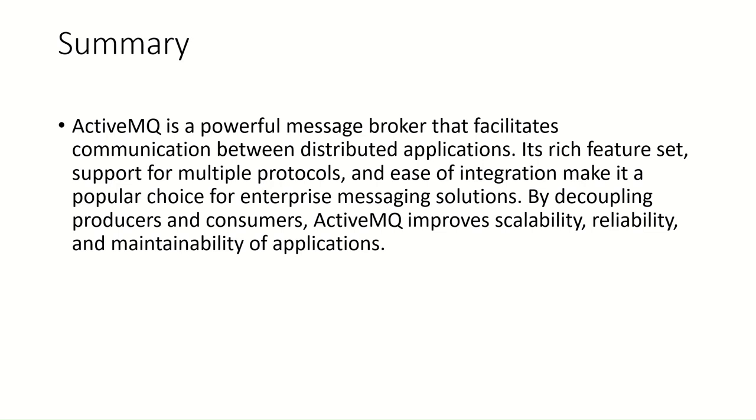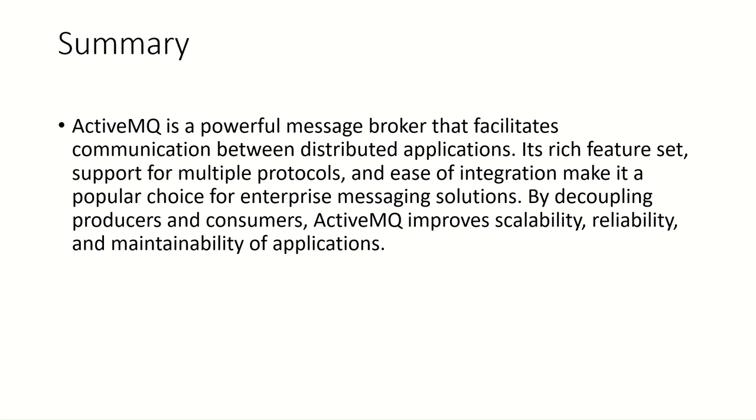Now coming to the summary, ActiveMQ is a powerful message broker that facilitates communication between distributed applications. Its rich feature set, support for multiple protocols, and ease of integration make it a popular choice for enterprise messaging solutions. By decoupling producer and consumer, ActiveMQ improves scalability, reliability, and maintainability of the application.